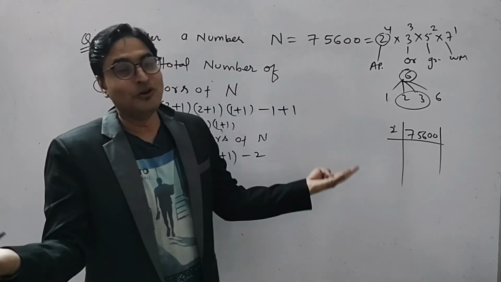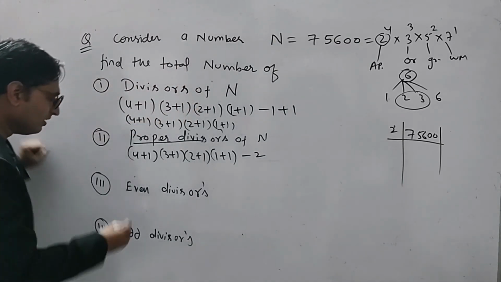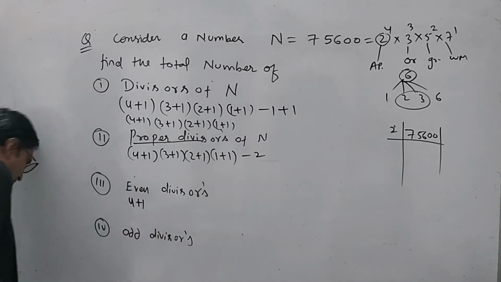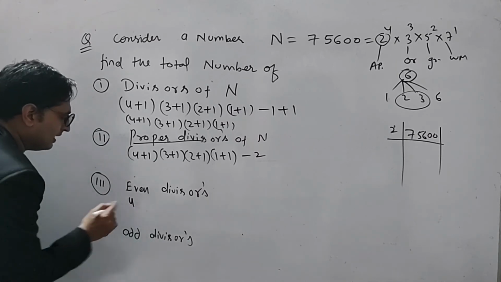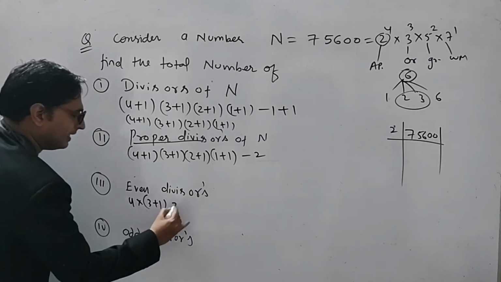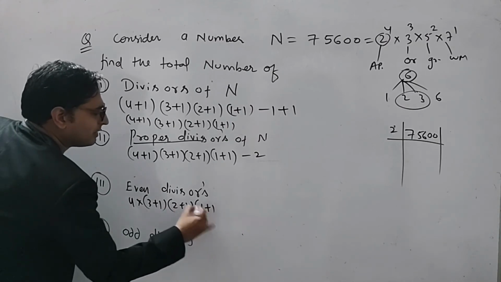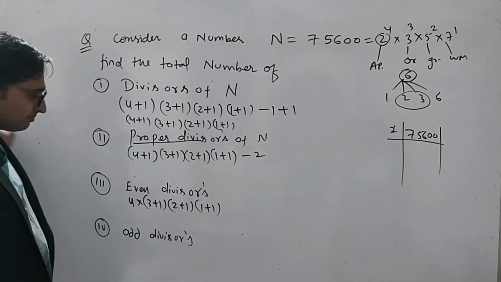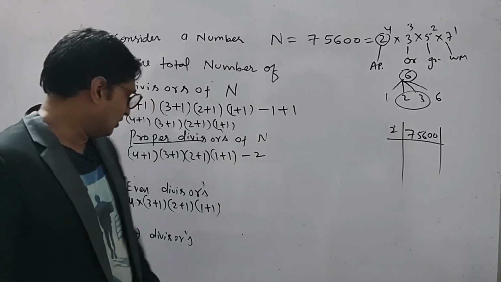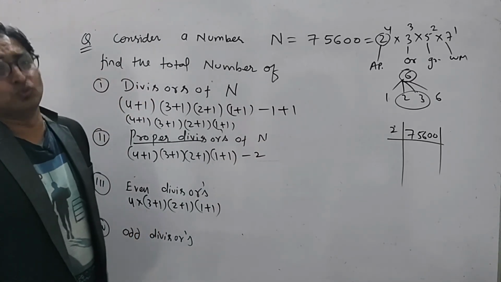Otherwise, no guarantee. So the conditions will be 4 plus 1, so +1 will not be there. It will be 4 into 3 plus 1, into 2 plus 1, 1 plus 1. And no need to do -1 because we are already including at least one 2.